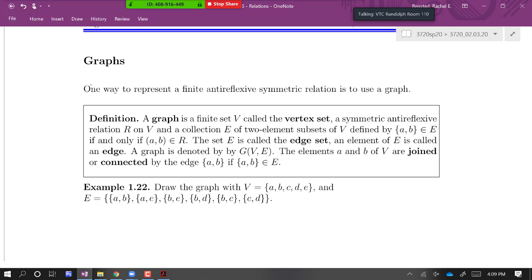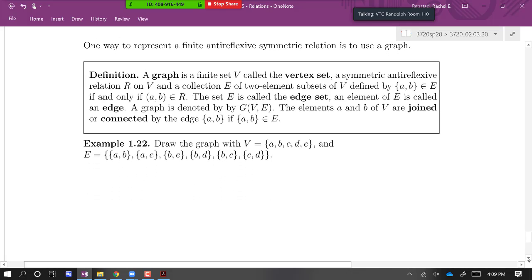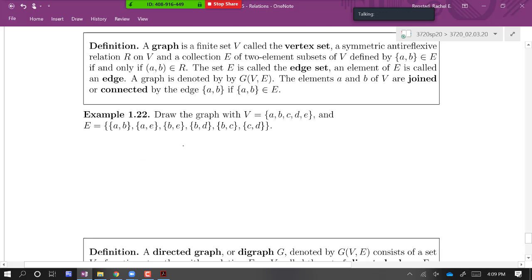So if we have a set of vertices, here I'll just call them A, B, C, D, and E in example 122.